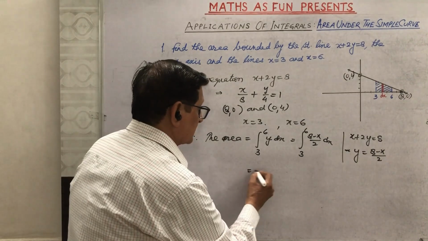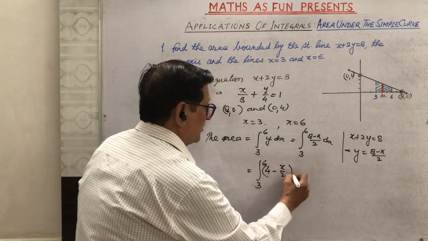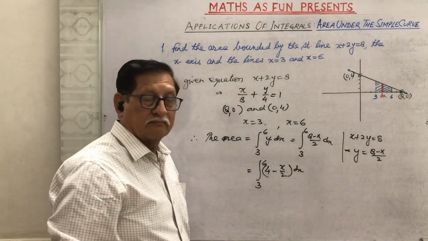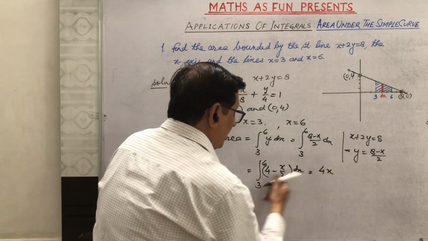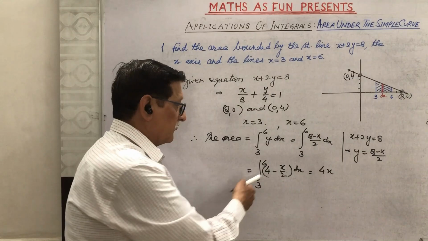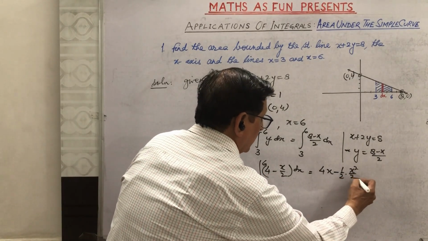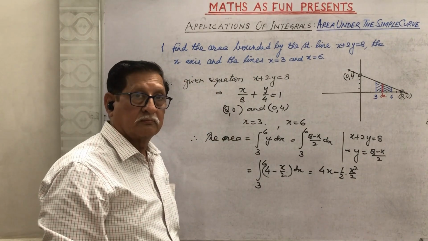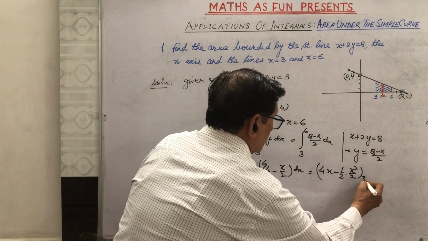We can also write this as integral 3 to 6 of (4 minus x by 2) dx. And we know how to integrate. Integral is 4x for 4, and for x by 2 it will be 1 by 2 into x square by 2. The limits are from 3 to 6.